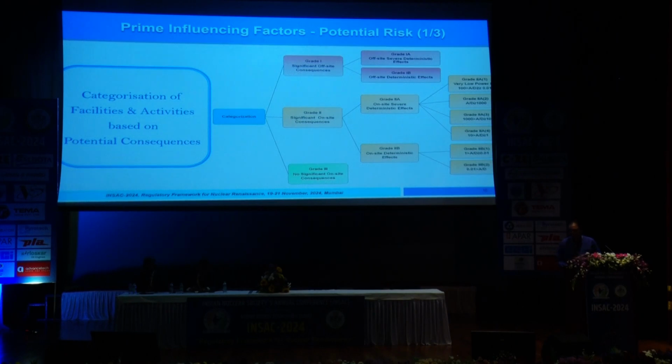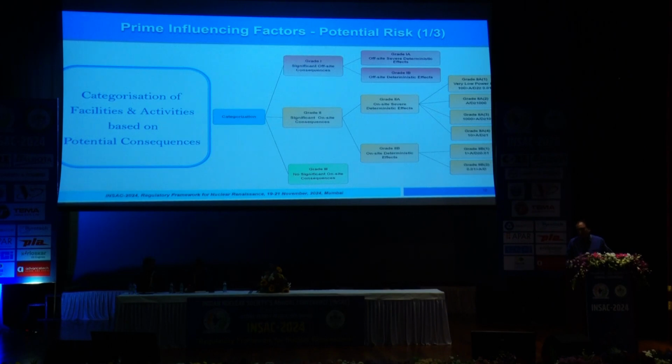Similarly, in onsite domain, whether they can lead to severe deterministic effects or on-site deterministic effects. This categorization takes care of all kinds of facilities and activities, even sources, and also accounts for IAEA categorization of A/D ratios for radiation sources.